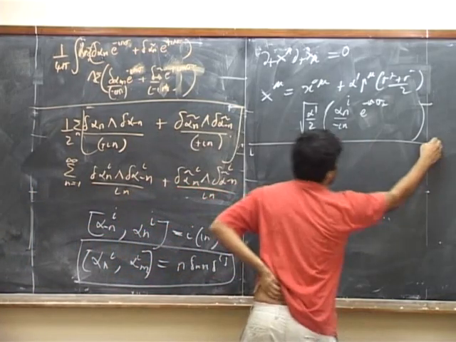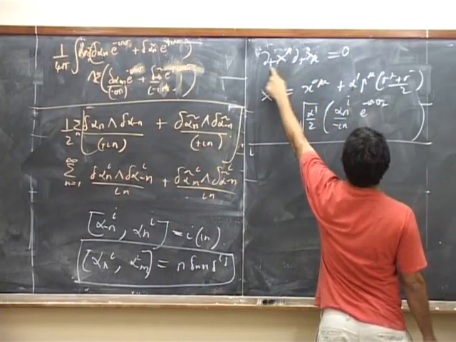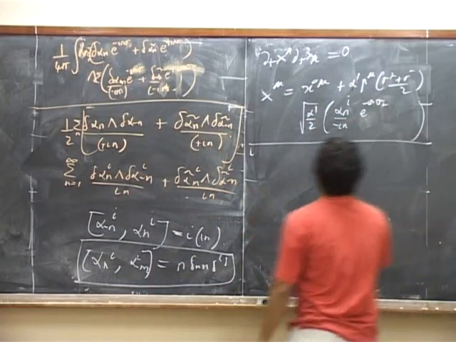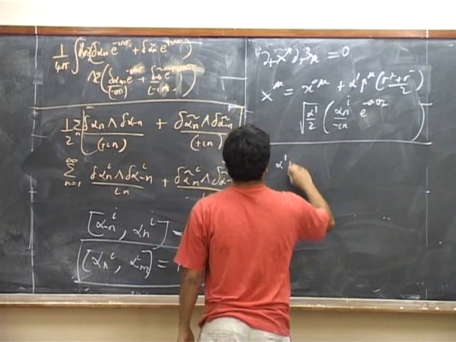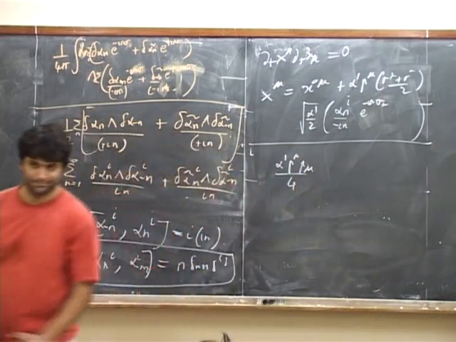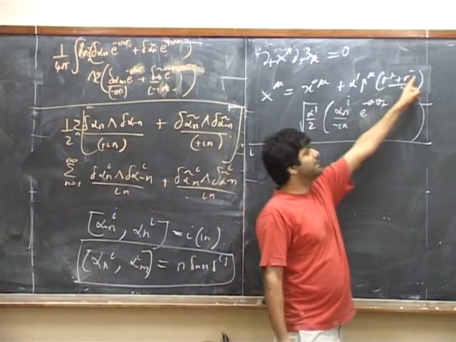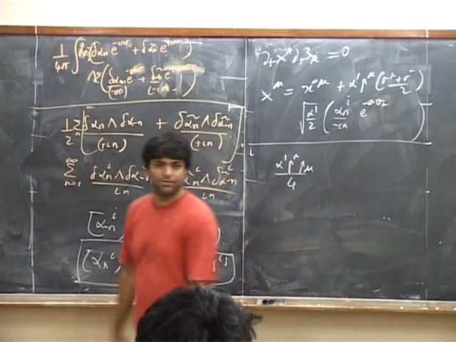From the zero modes, the only contribution is from del plus hitting sigma plus. So we just get alpha prime p mu by 4, by 4 because tau was sigma plus sigma minus by 2, so we get two factors of one half.